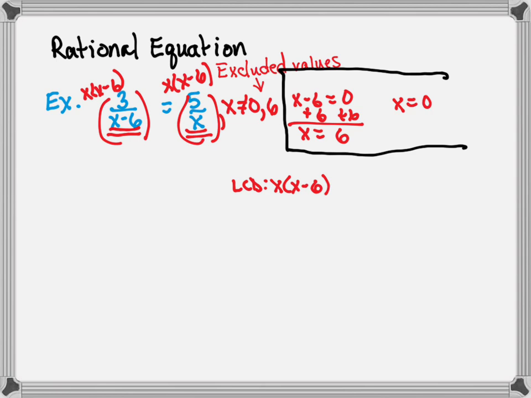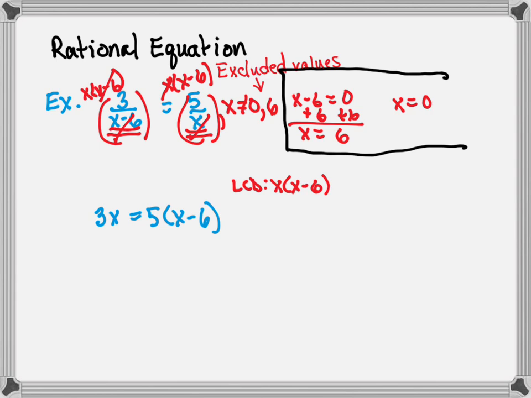When I do that, I can see that certain terms will cancel out. So on the left, the x minus 6's cancel out, and I'm left with 3 times x. And on the right, the x's cancel out, and I'm left with 5 times x minus 6.